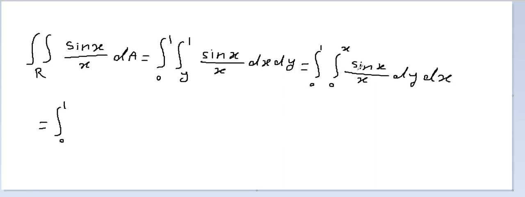I can write sine x over x times the integral from 0 to x dy dx. Because it's with respect to y, sine x over x is a constant, so you can take it out of this integral. It's just like a scalar. So let's calculate.